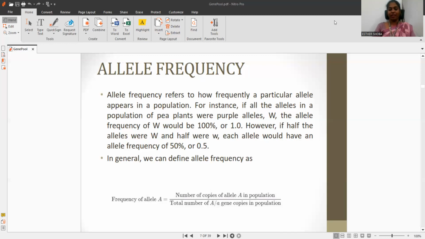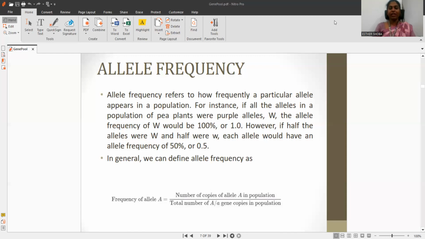If you are representing the flower color of the pea plant, let us take the gene as capital A, and they exist in two different forms, one is the dominant form and the other the recessive form. Dominant is always represented as a capital letter, recessive always as a small letter.